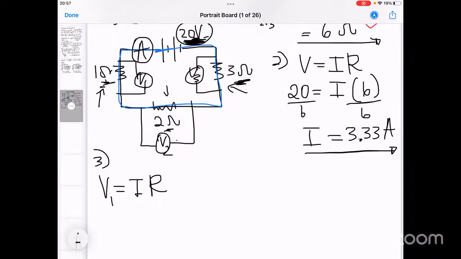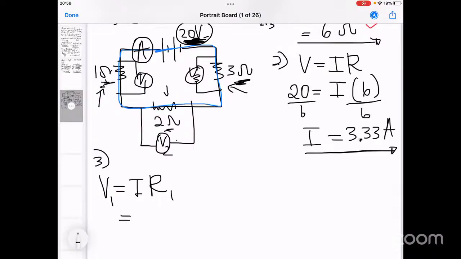So for V1, we will substitute resistor number 1. But in terms of the current, you can't say current 1, because that same current flows through R1, R2, and R3. That's why you just say I there. You can't say I1.